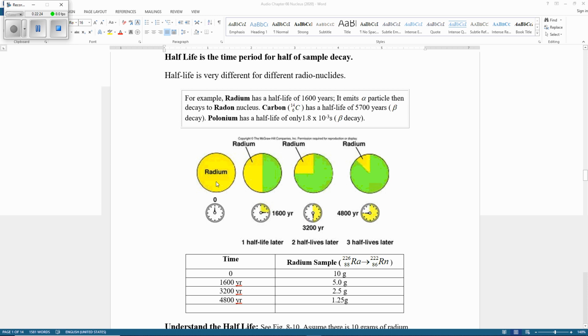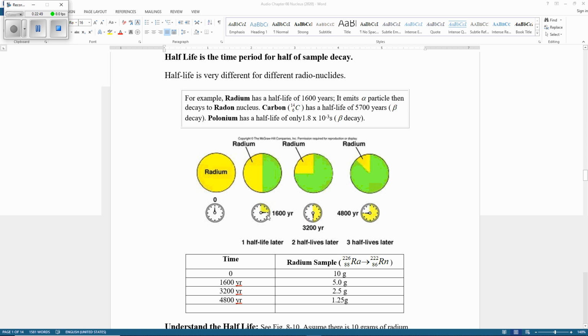If we wait one half-life, which is 1,600 years, what is going to happen? Half the sample is going to change to radon, but you still have half left. So the half-life is the time when 50% of the sample has decayed.